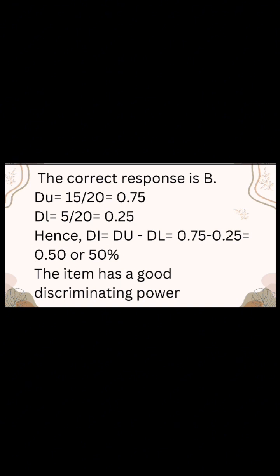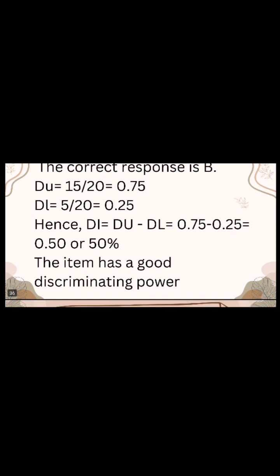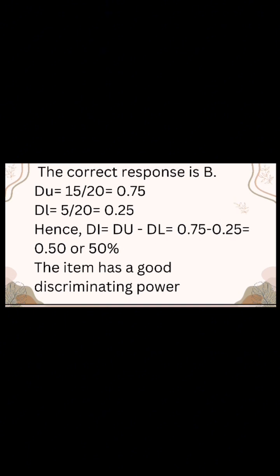DL is 5 over 20, so it is 0.25. Hence, the discrimination index is equal to DU minus DL, the upper group minus the lower group, which is 0.75 minus 0.25 equals 0.50, or 50%. Therefore, the item has good discriminating power.